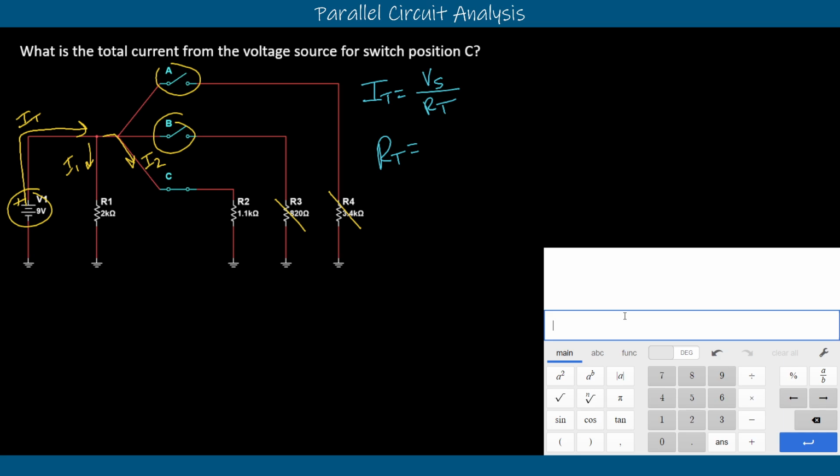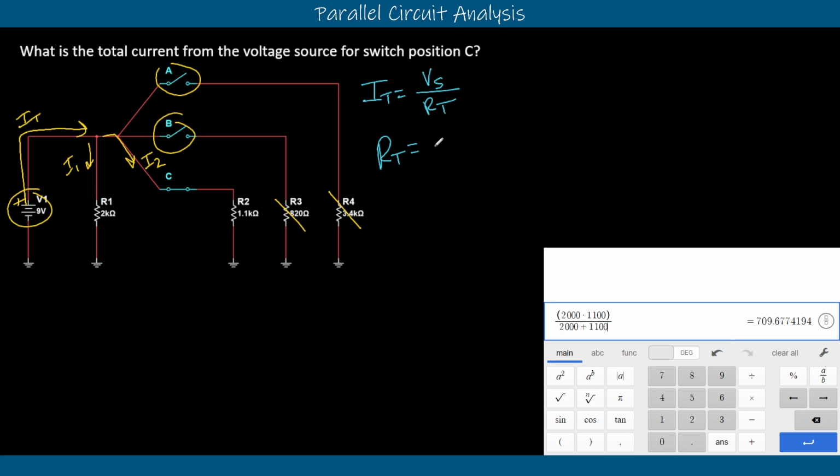So in this one, we can say that the 2000 multiplied by the 1100. And if we put a parenthesis here, it'll allow me to divide that entire thing by the addition of those two. 2000 plus 1100. Right? And that gives me the 709. And that is the other total resistance equation that you can use.